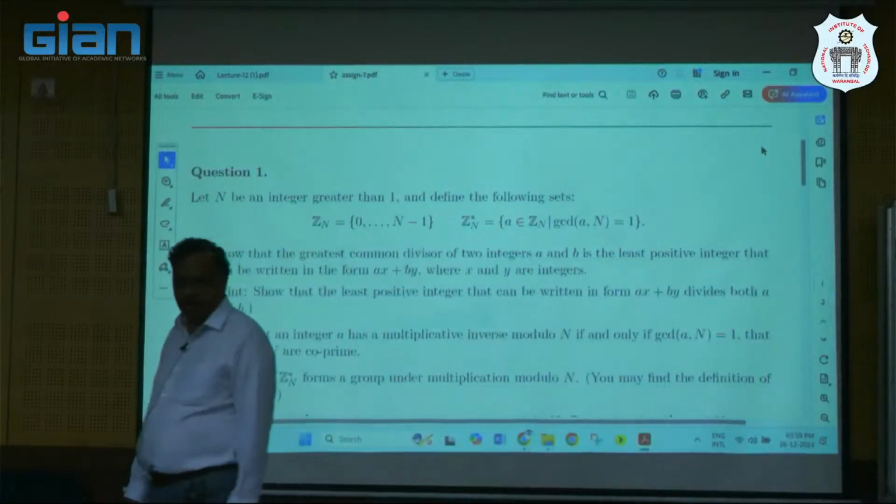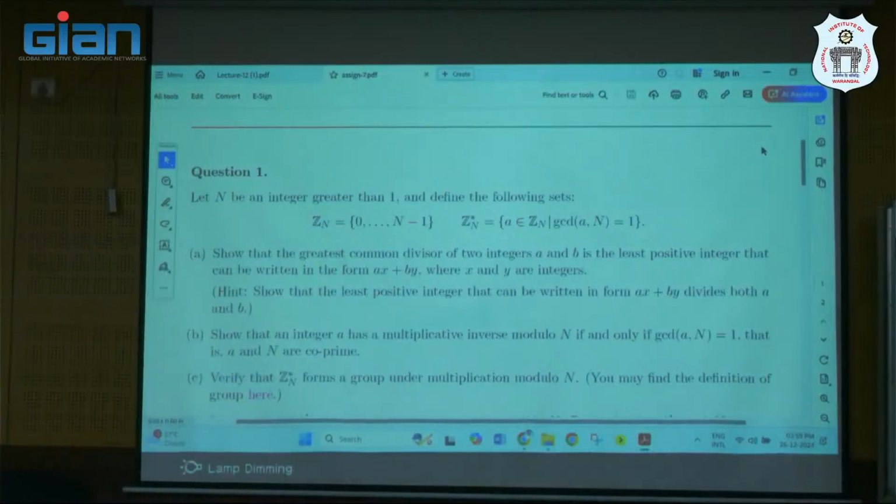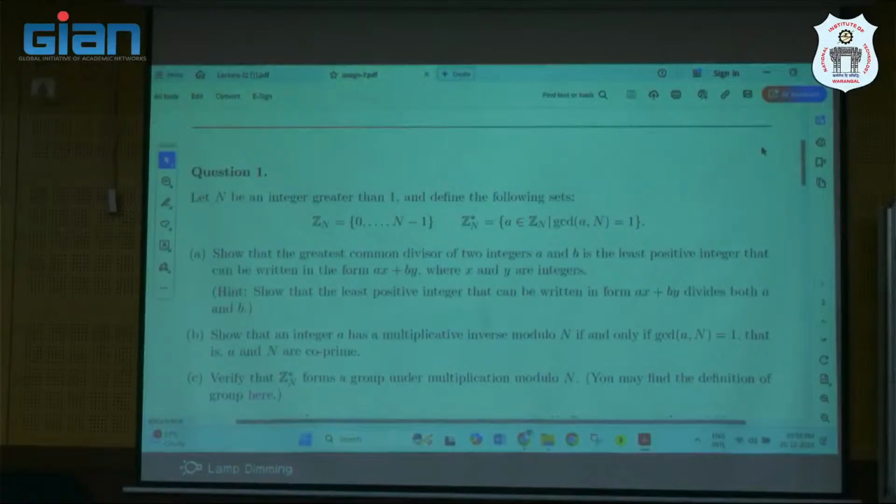If A and B are co-prime, then the smallest possible number which can be written in this form is 1, yes. Any questions? Yes?